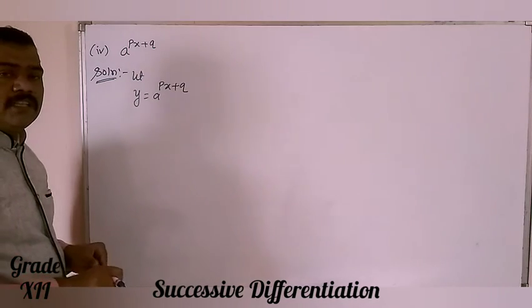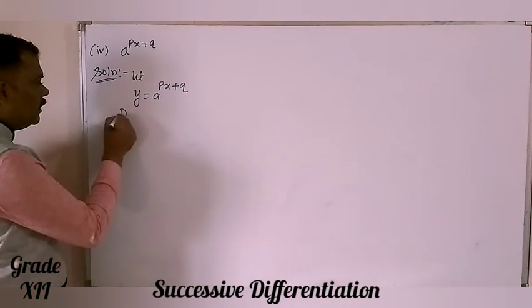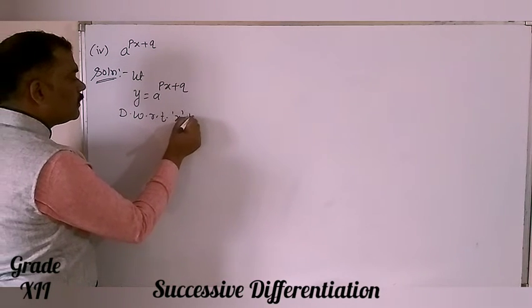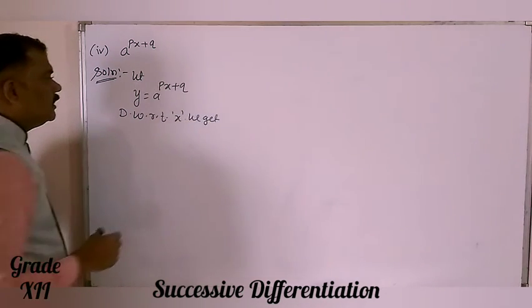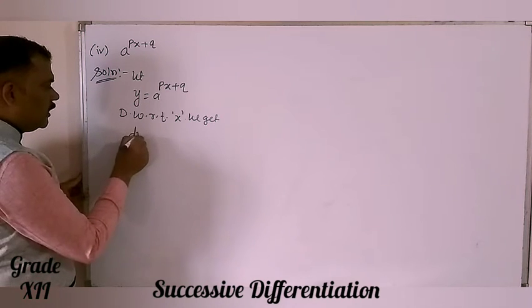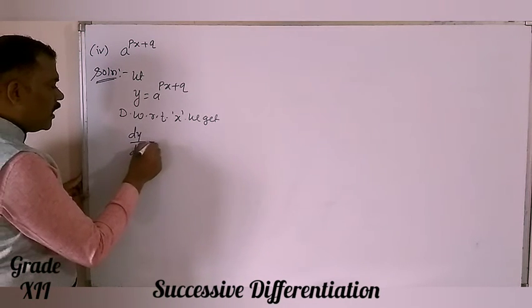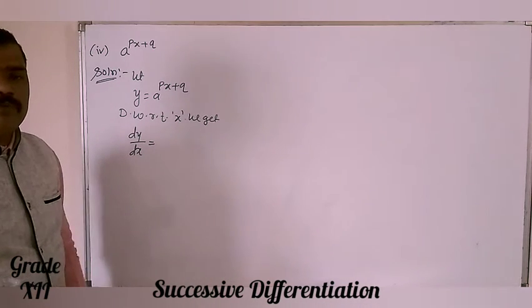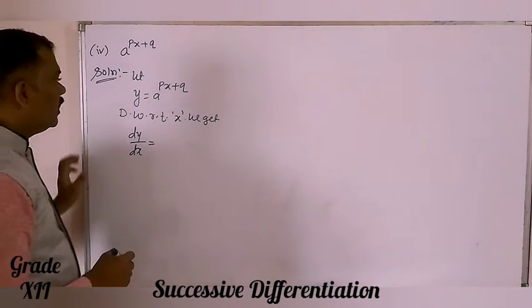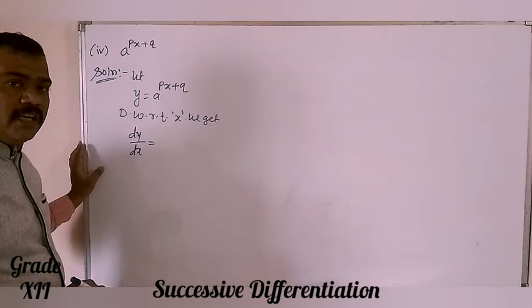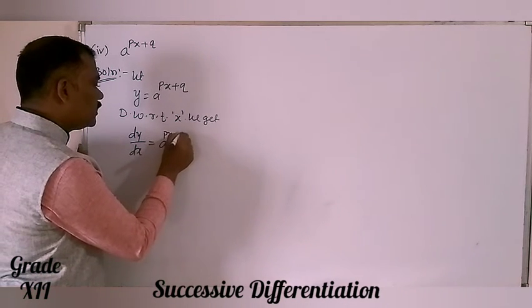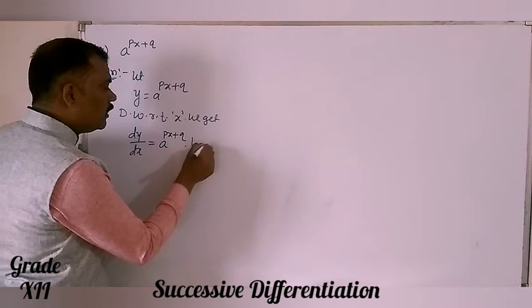We differentiate this with respect to x, that is, dy by dx, the differentiation of y with respect to x. First we keep the finger on a, which means we use the formula for a raised to x. What is the derivative of a raised to x? It is a raised to x into log a. That is a raised to px plus q into log a.